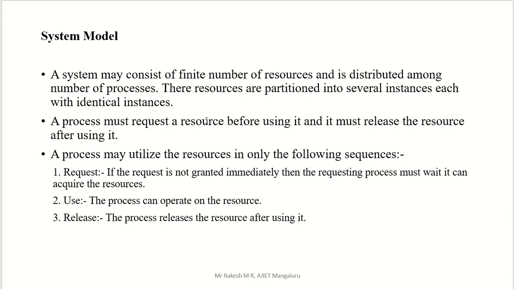Then the process should release that resource. A process may utilize the resource in only the following sequence. First is request: process requests a resource, uses that resource, releases that resource. Once you use, you have to release. That means the process should release. Otherwise, again deadlock will occur.